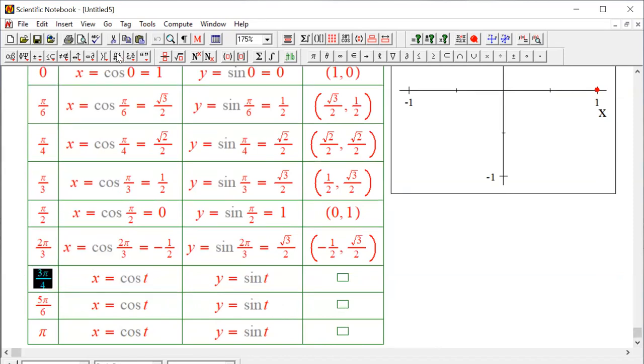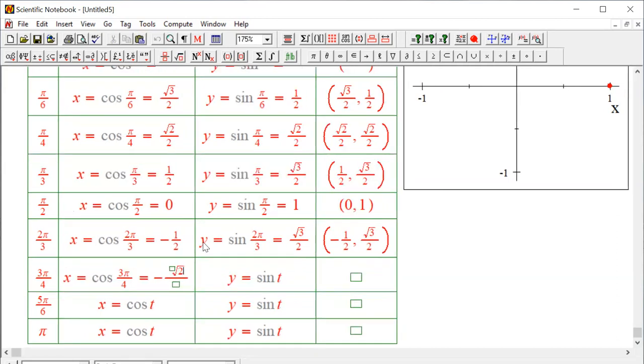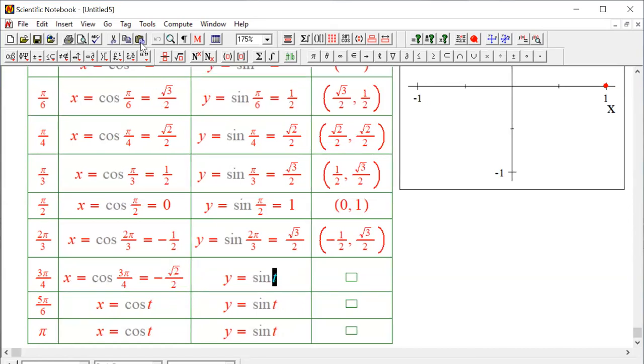3 pi over 4: cosine 3 pi over 4 equals negative root 2 over 2. And sine 3 pi over 4 is going to be positive root 2 over 2.